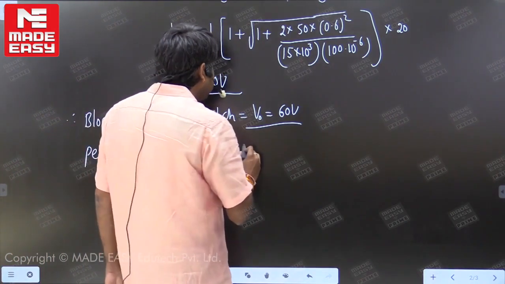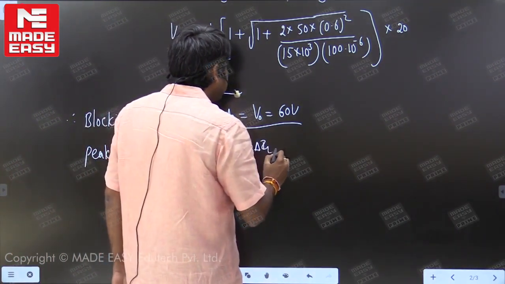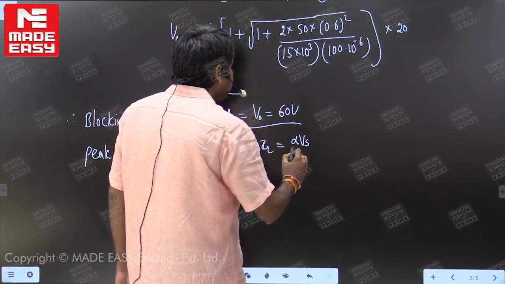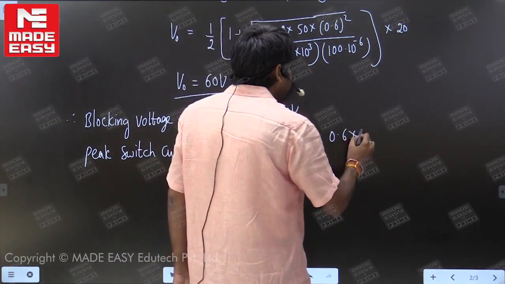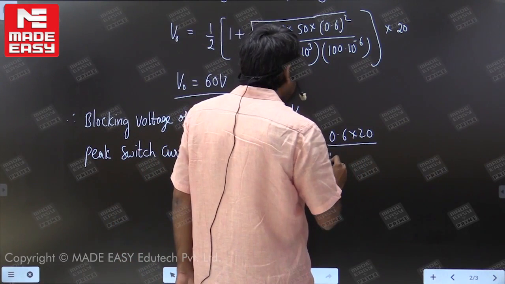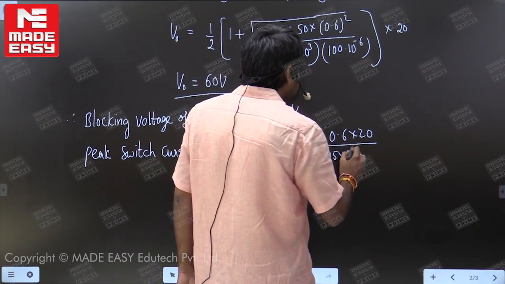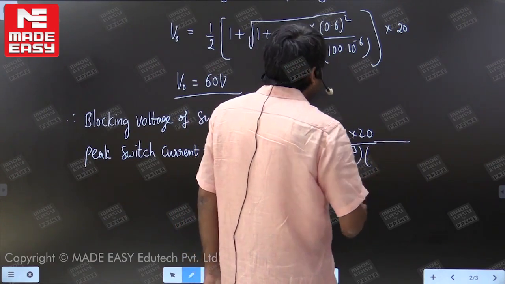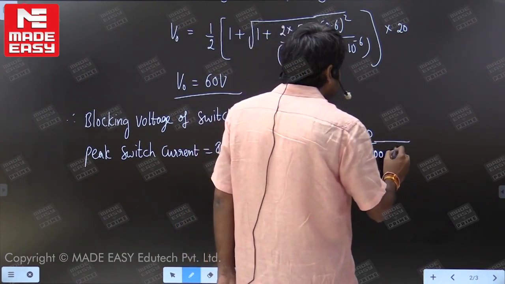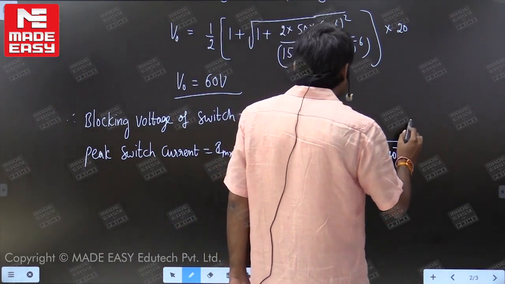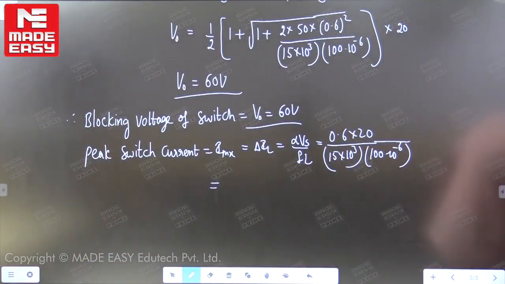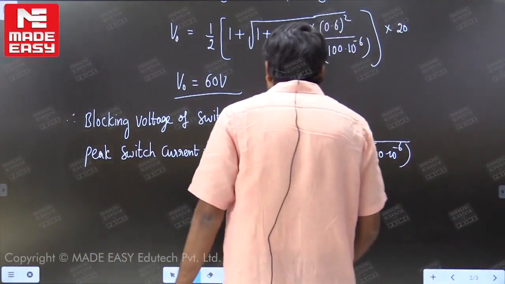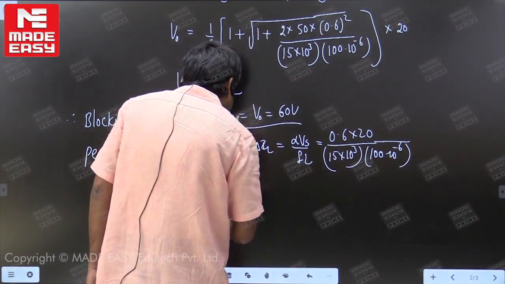For discontinuous conduction, I maxima is the same as delta I L, that is alpha Vs by F into L. So alpha is 0.6, supply voltage is 20, by frequency 15 kilohertz, and the value of inductance is 100 microhenry. Just simplify this and calculate. We get the peak value of current passing through the switch as 8 amperes.